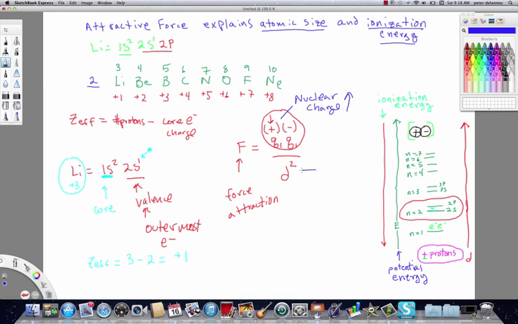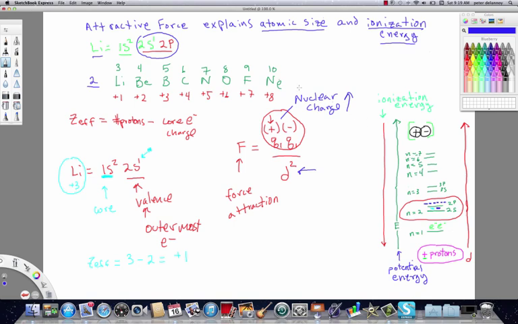By the same token, what's going on with the distance? Now look carefully at the electron configuration, because as we go from lithium to neon, the electrons are being added into energy level 2. So coming back over to my diagram, as we walk from lithium to neon, we're adding electrons solely into energy level 2.